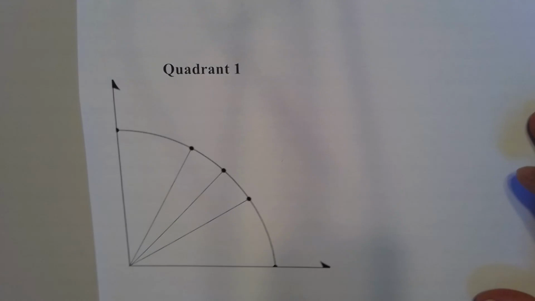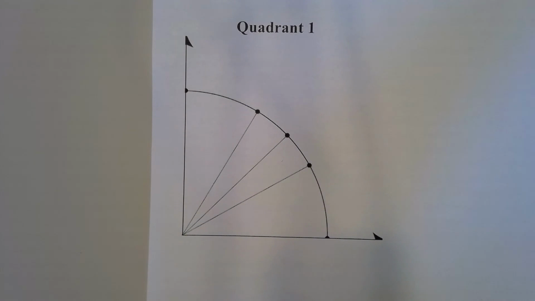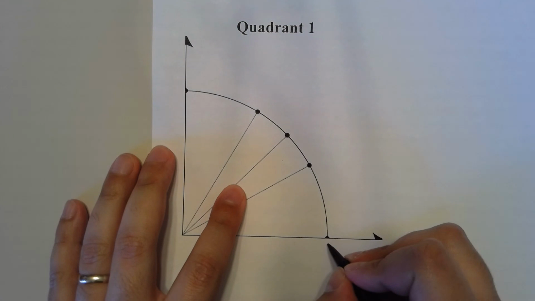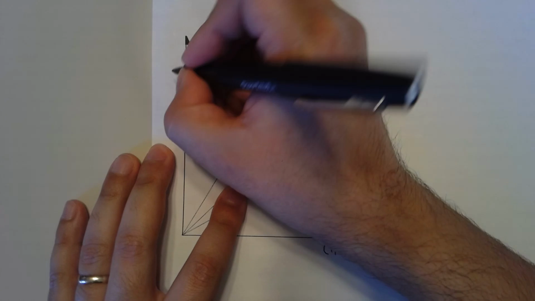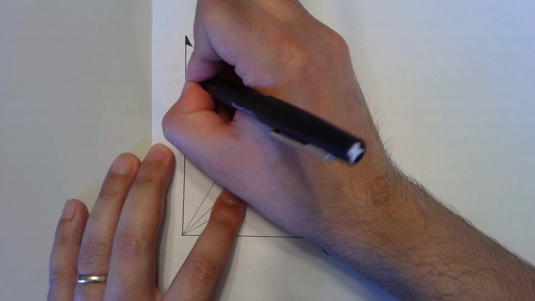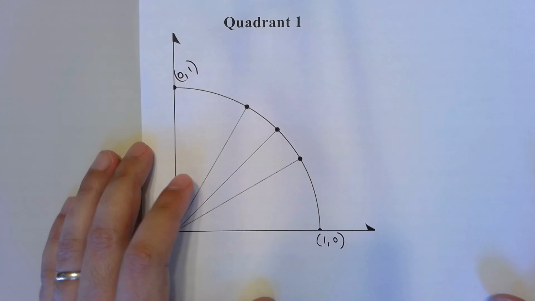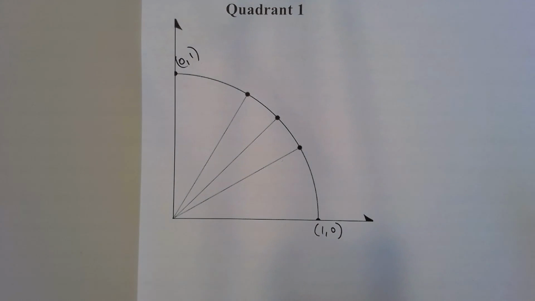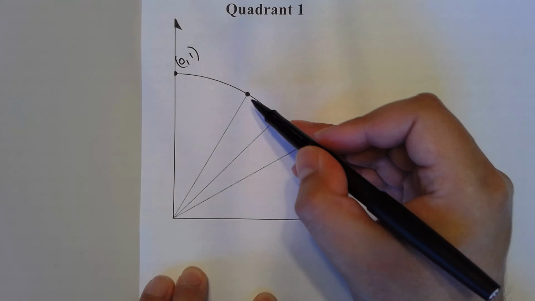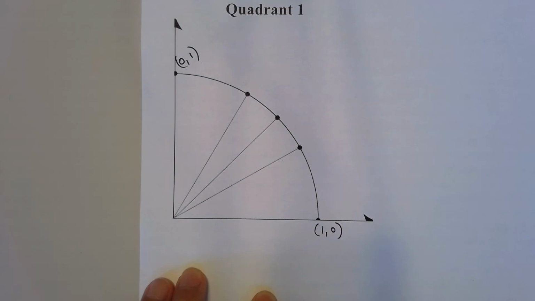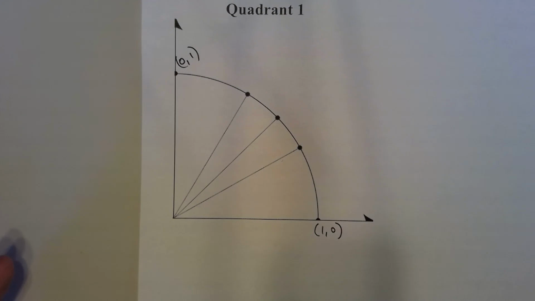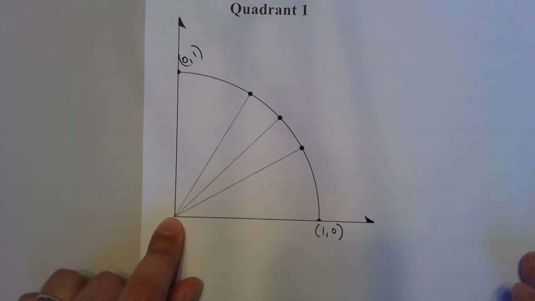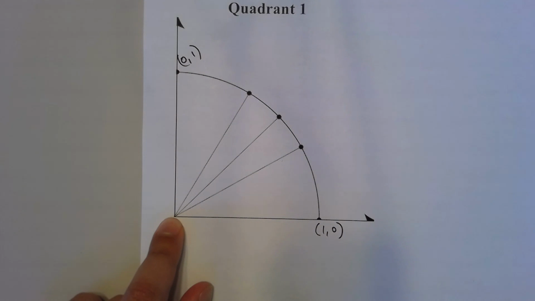Okay. So quadrant 1 looks like this. Let me label this. This point is 1, 0. This point is 0, 1. And then we have dots here. Well, when we think of the unit circle, we think of angles. Where do those angles happen? The angles always start from the center.